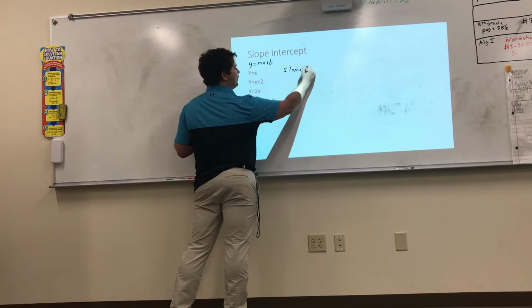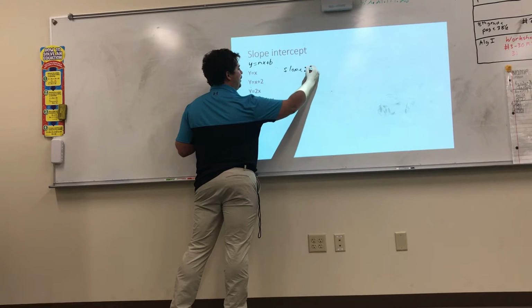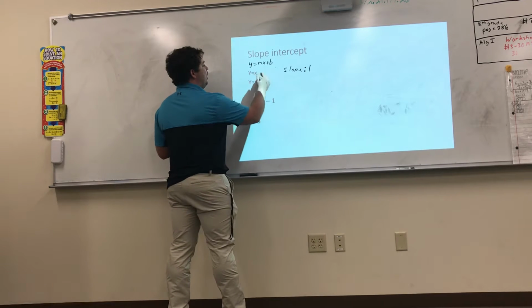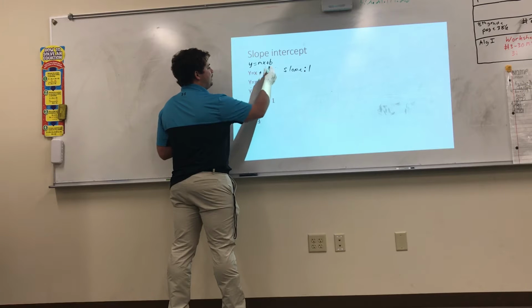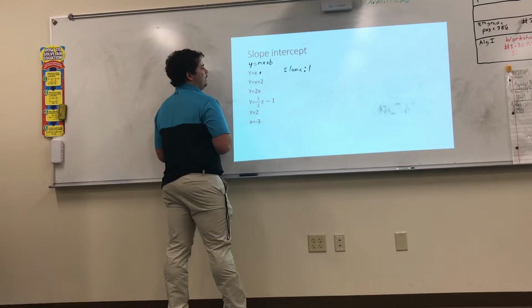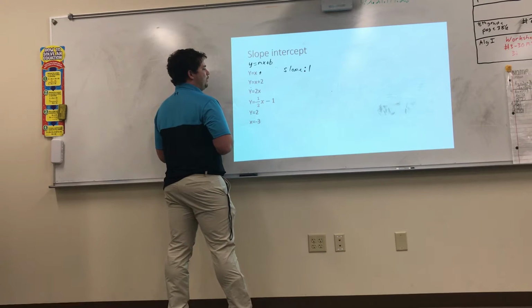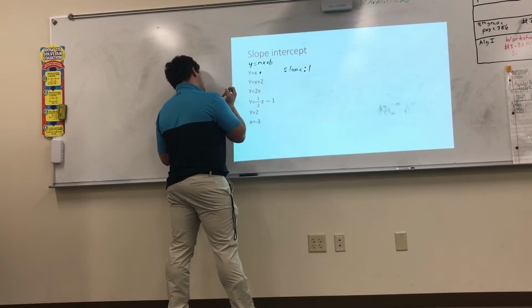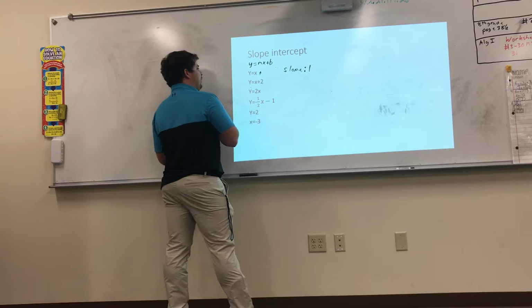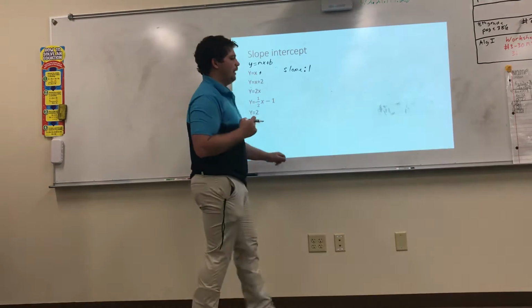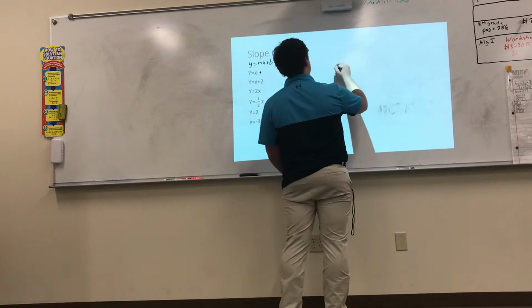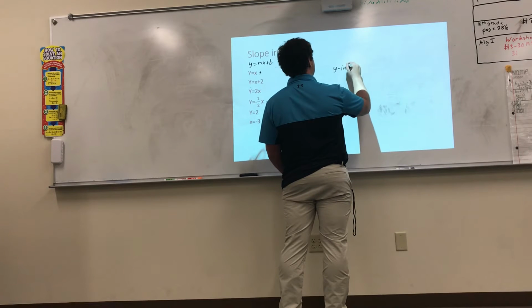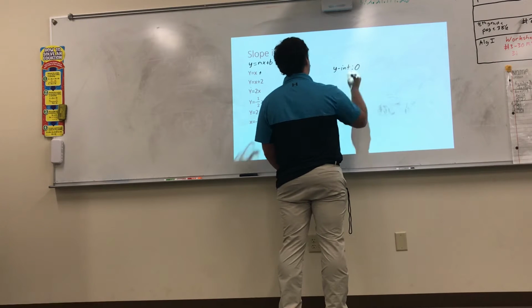Your identity property tells you that it is 1. We need plus something to get our y-intercept. What can we add to something and still get the exact same thing? Going to your addition identity property, your y-intercept would be 0.